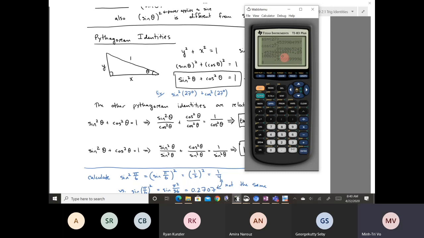It should be equal to 1, but it's being approximated, so it's just some number that's very close to 1.